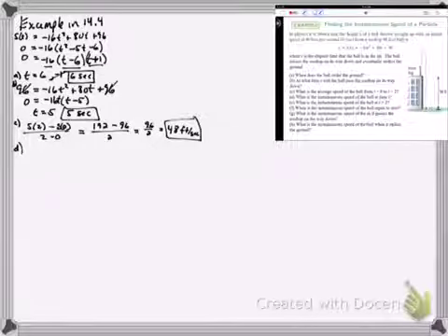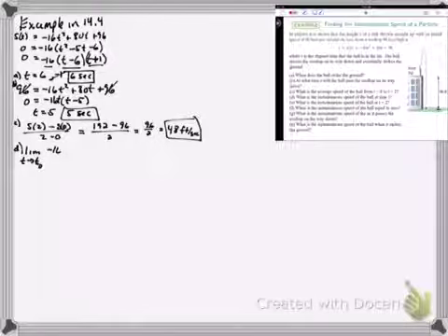And then D, now we're looking for the instantaneous speed of the ball. So this one's a lot trickier. We're finding the limit as t approaches t sub 0, which is the instantaneous part.